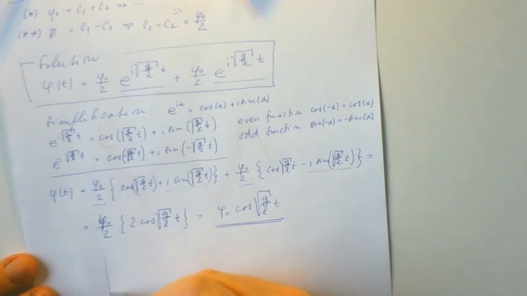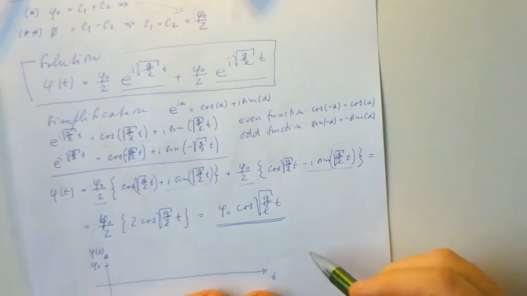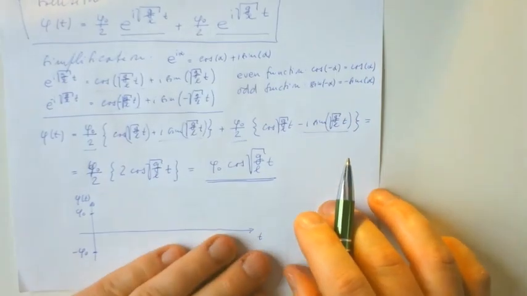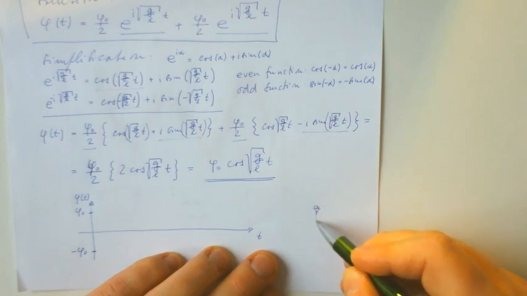And if we want to draw a graph of phi in time, it will oscillate within the limits phi 0 and minus phi 0, because there is a pendulum with a balance position.